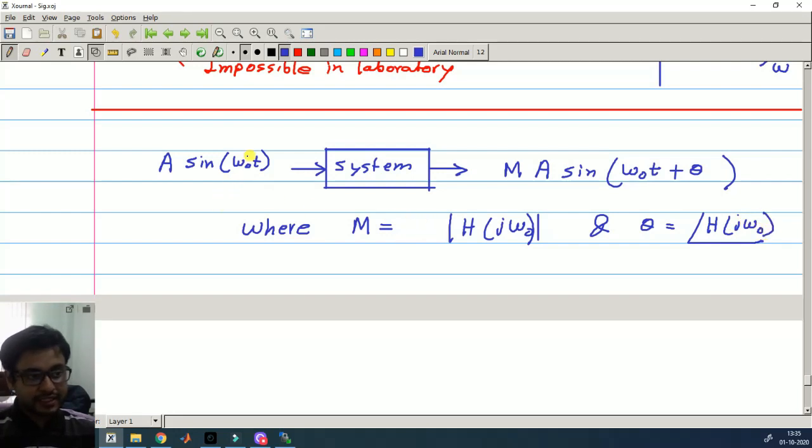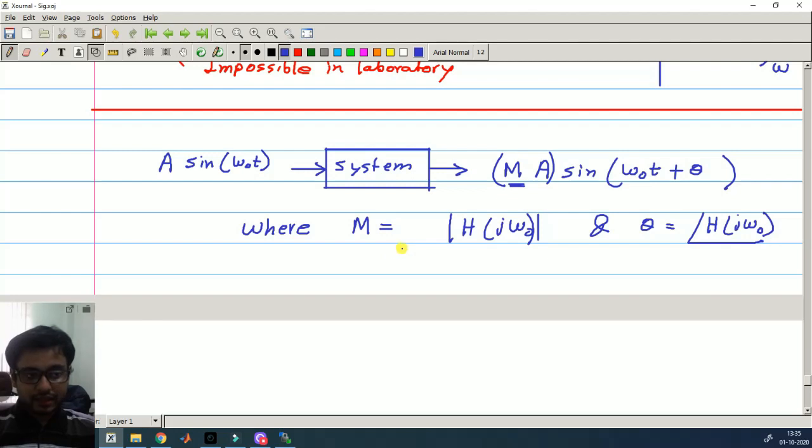Now you can change omega naught, you can give different frequencies and record what is the output that you observe. Since you know the amplitude of the input, you can measure the amplitude of the output, and then if you divide this amplitude with the amplitude of input, you will get m.